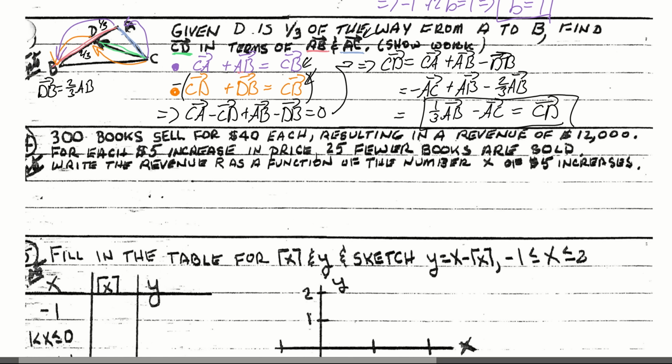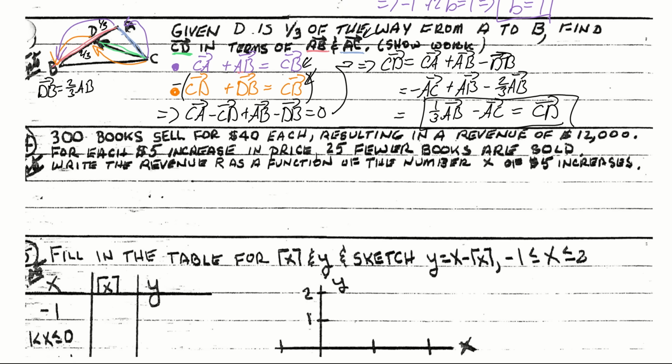In this case, I chose CB because I knew there was a way for me to cancel it out by subtracting the equations. And I knew I could relate the important vectors in some way because I was given information about A to B in relation to D. But this is a lot of trial and error, so if you mess up the first time, don't get discouraged. Just try again, and eventually you'll get a relationship that will work, so you get what you need to solve the problem.